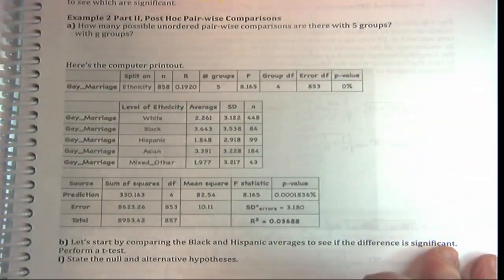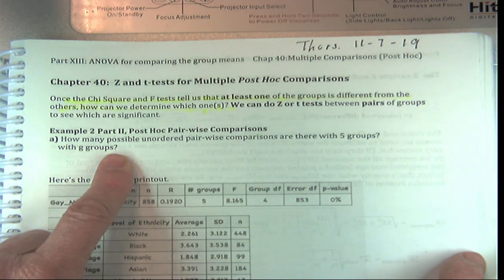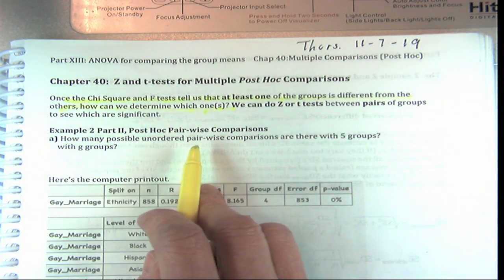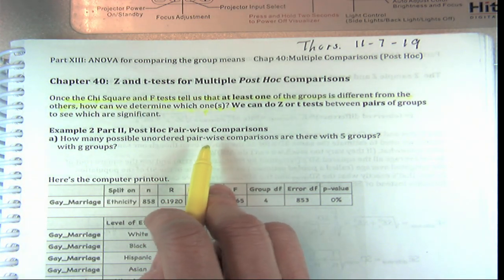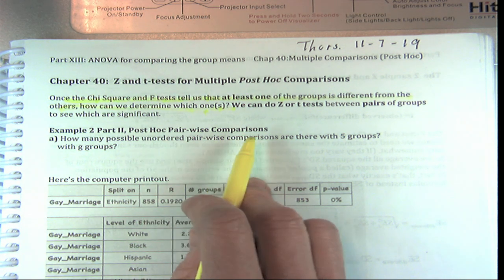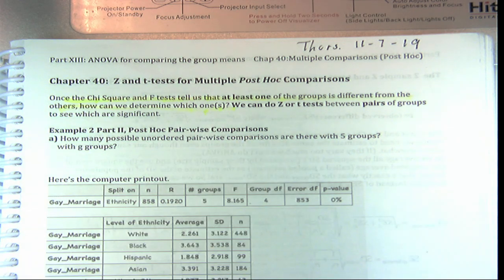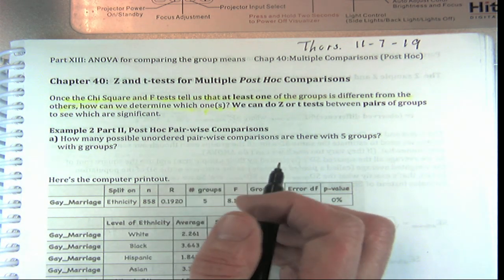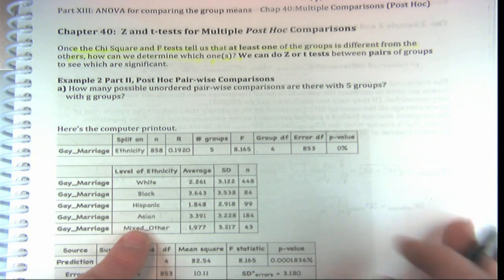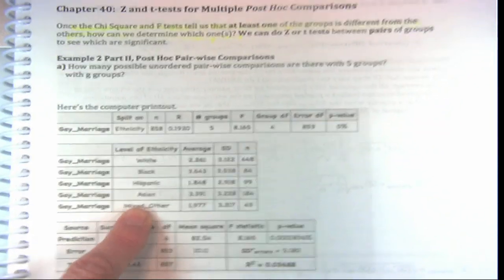So let's go back here. How many possible pairwise comparisons are there with 5 groups? Let's think about that. For 5 groups, how many unordered pairwise comparisons are there?